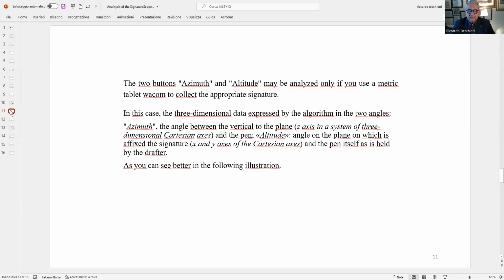Azimuth is the angle between the vertical to the plane, the z-axis in a system of three-dimensional Cartesian axes, and the pen. Altitude is the angle of the plane on which the signature is affixed, the x and y axes of the Cartesian axes, and the pen itself as it is held by the drafter, as you can see better in the following illustration.